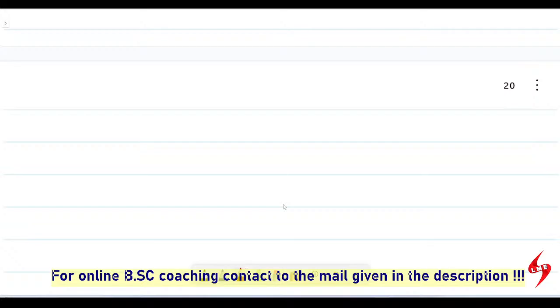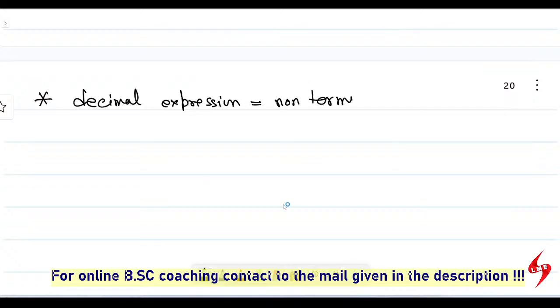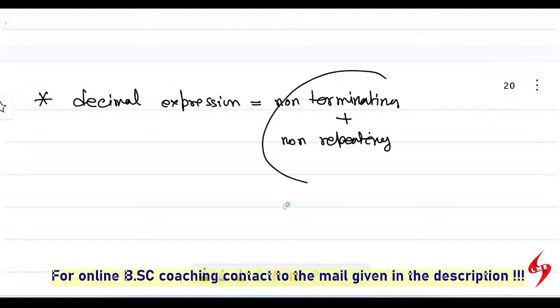Next thing is, if a decimal expression is non-terminating and non-repeating, then the number will be an irrational number.